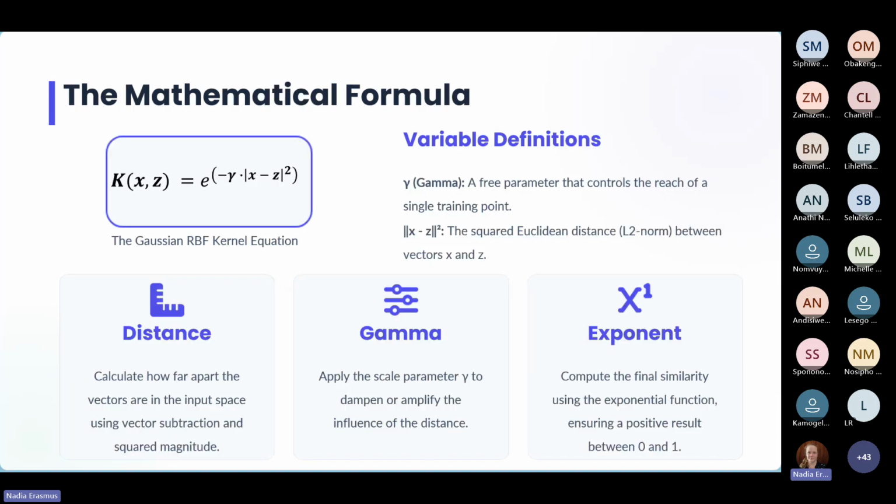This is the mathematical formula. In assignment 2, that square was missing. It is the exponential to the power of minus gamma times the absolute value of x minus z, squared.